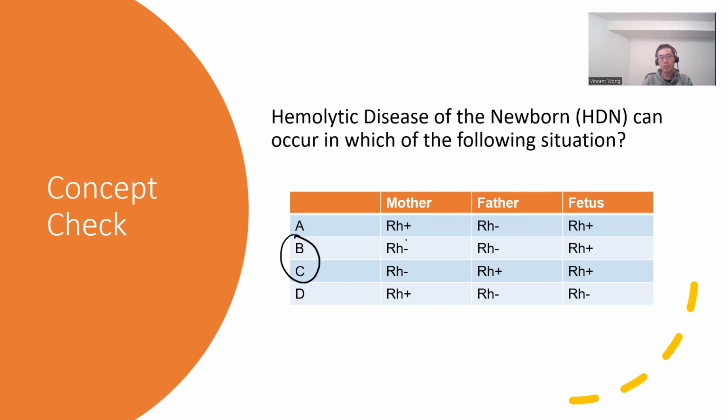But if you take a closer look, if the mother is negative and the father is negative, it's not possible for them to have a positive baby, right? So that's why the answer is just C. It's not going to be a problem for positive mothers, right? A positive mother will never make anti-Rh antibodies.